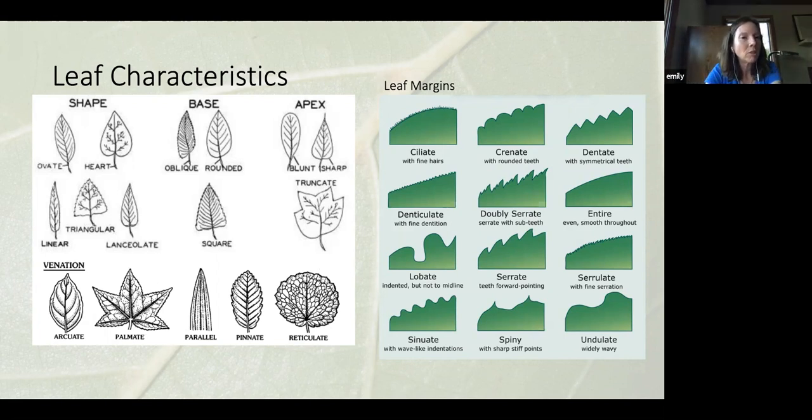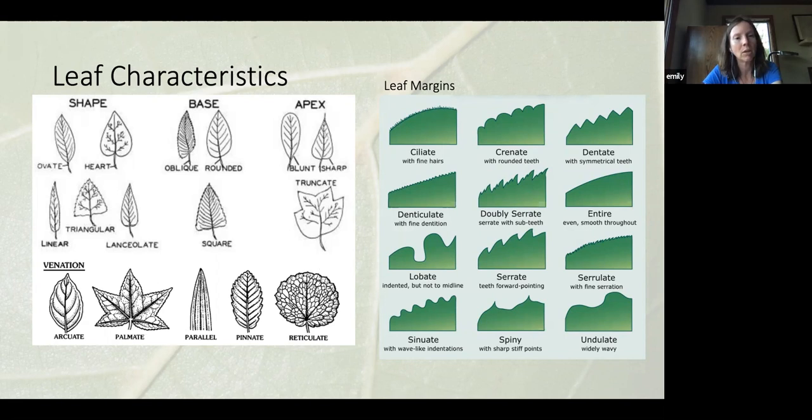Then we have linear leaves, triangular leaves, ovate leaves, lanceolate leaves, rounded leaves, truncate leaves. We should be able to find an example of that. And then venation is another piece. We're going to talk a little bit about pinnate venation. And I think it's arcuate venation, the one in the bottom left-hand corner. That one you already saw, and that was demonstrated on the dogwood.